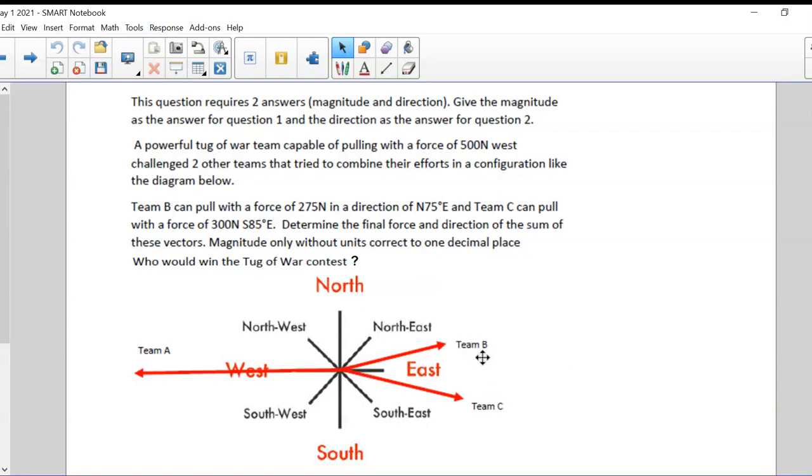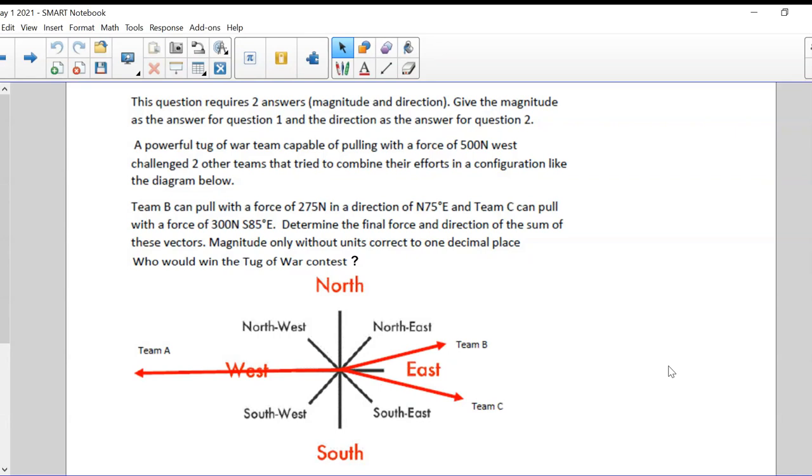Adding 300 and 275 together, if they're pulling in the same line, the sum is simply 575, and that beats the 500 force going the opposite direction. So if they're both pulling east, no contest. The guy in the west gets pulled across the line, he loses, or they lose, is what I should say.